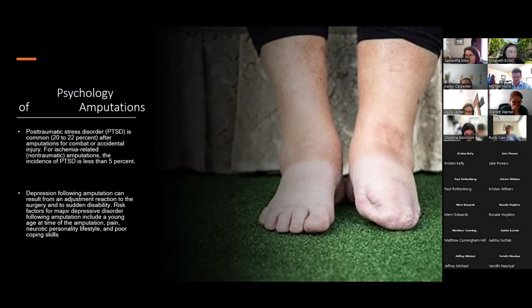And depression does play into that. Like I said, if you're missing part of your foot, and these patients already have some degree, especially if they've been dealing with an ulceration for a month, 6 months, a year, that's something that can be daunting on their mental health anyways.